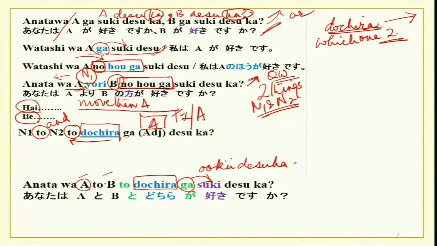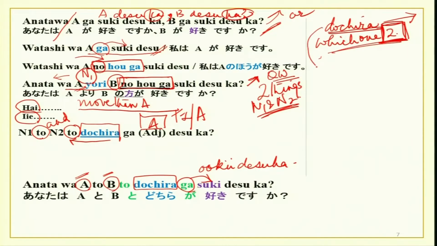Which one of the two things? Dochira ga ookii desu ka? When you ask in this manner, A and B are both known or are shown to the speaker. Which one of the two? As you can see over here, which one of the two things.